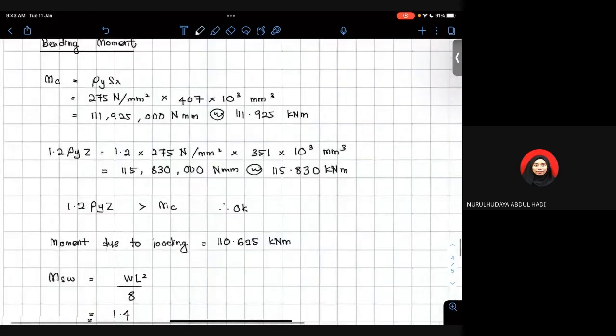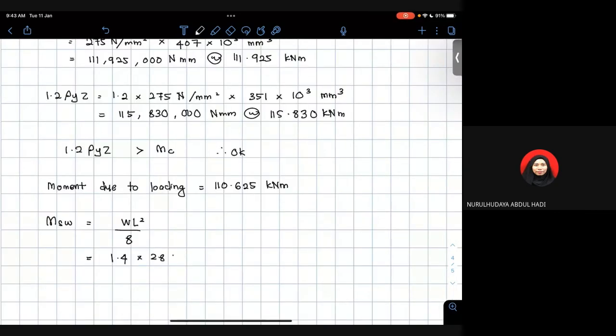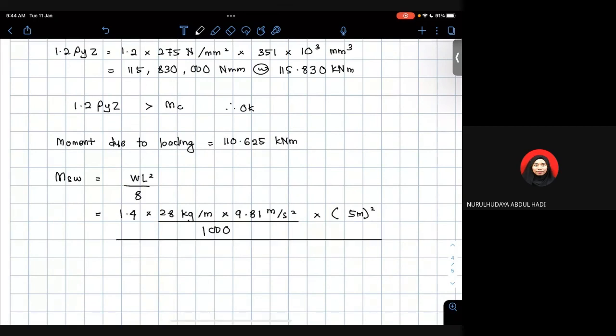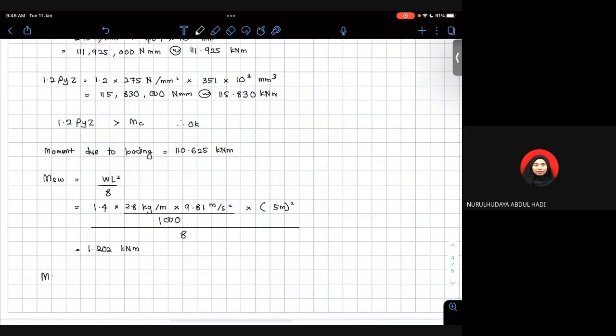That is mass per meter ya. Darab 28 kilogram per meter. Ini dalam mass. Convert dia into Newton, darab dengan gravity acceleration. We have to divide with 1000 nak tukar ke kilonewton. This is all untuk W. Kita darab dengan the length of the beam which is 5 meter, power of 2, divide with 8, 1.202 kilonewton meter.